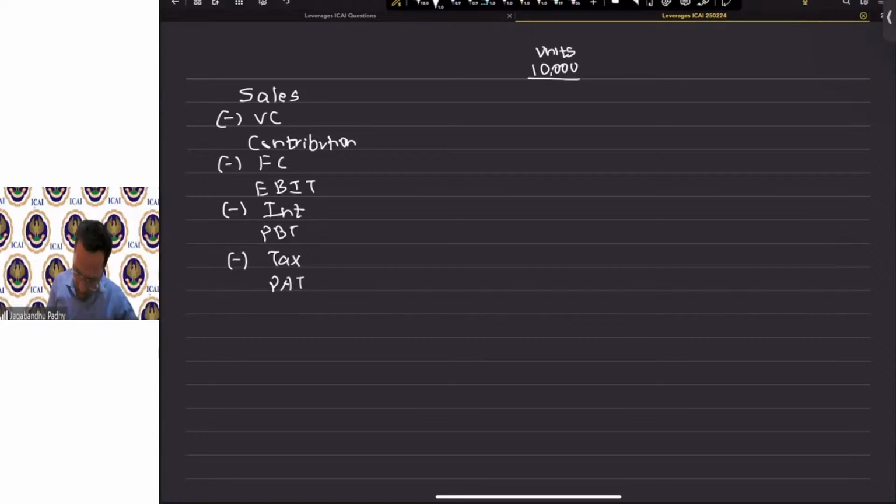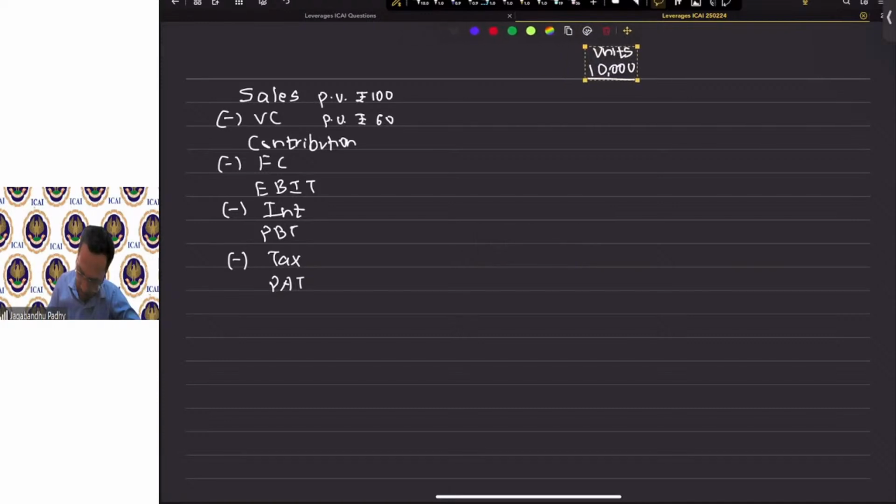Sales, let's say per unit, is 100 rupees and variable cost per unit is, suppose, 60 rupees. So in total, what is the amount of sales? 10,000 into 100, that's 10 lakhs.